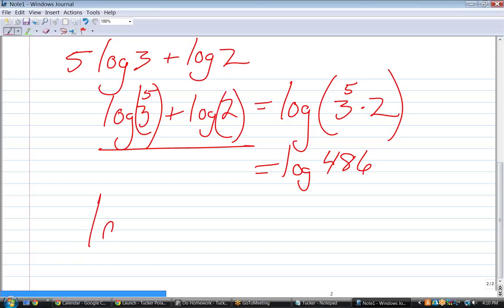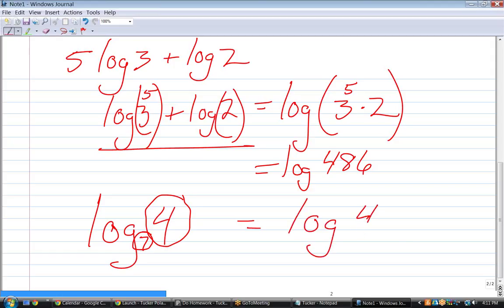If I want the log of 4 base 7, the way I remember the change of base formula is it's the log of the big number, by big I don't mean size, I mean the bigger number, 4, divided by the log of the little number.